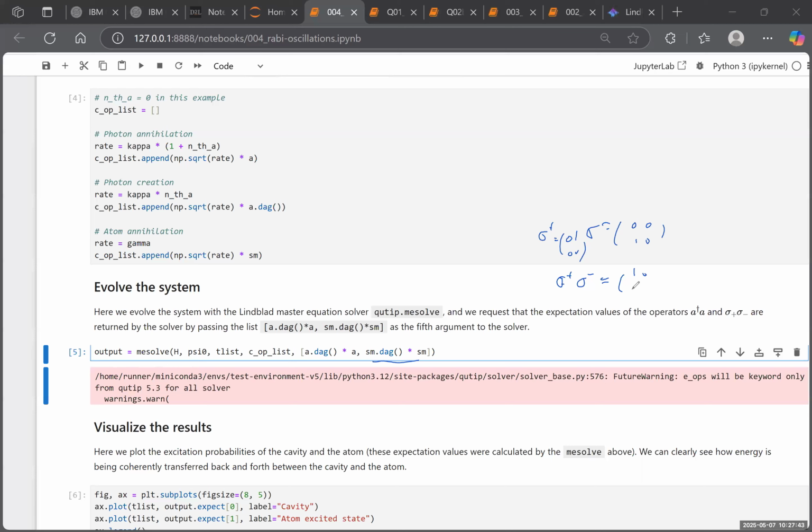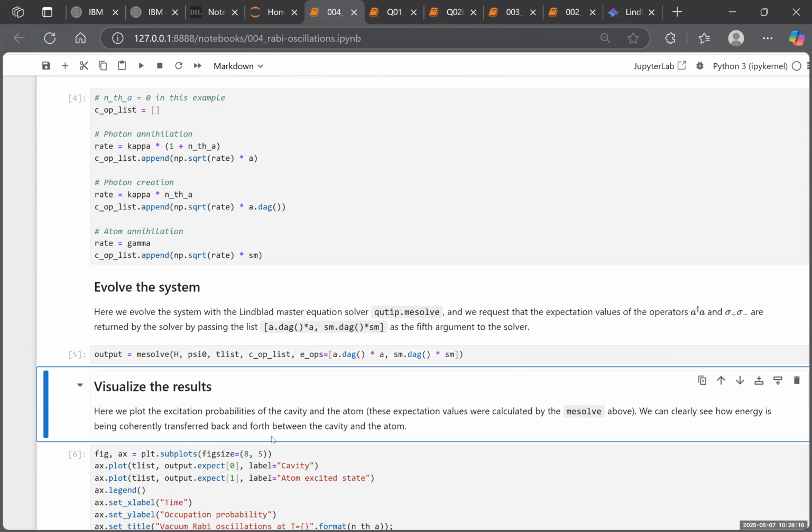So 0, 1. Basically, it's evaluating the occupation of this level. Okay, so this is the output. I think that's used the recommended keyword, right?